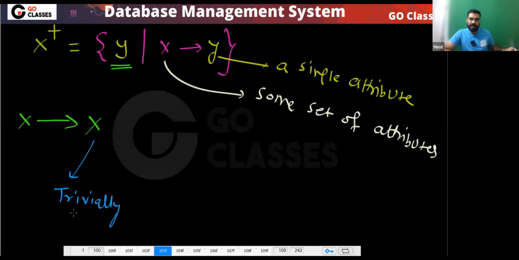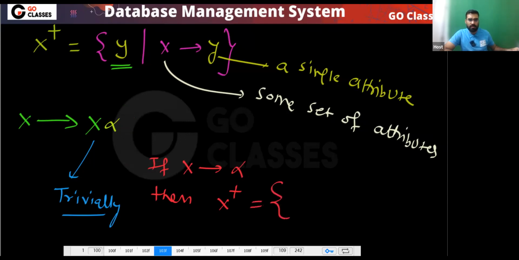Trivially, X can determine X. If X can determine, let's assume, alpha, then this X plus will contain those attributes which X alpha can determine. This is the recursive definition.